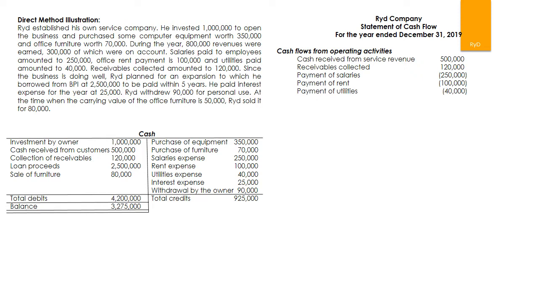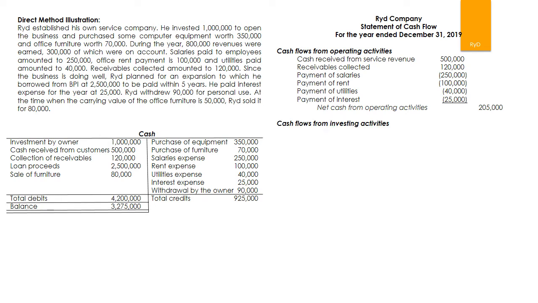Payment of utilities at 40,000, and then our payment of interest. Then, we sum up all our operating activities. We get our net cash from operating activities at 205,000.